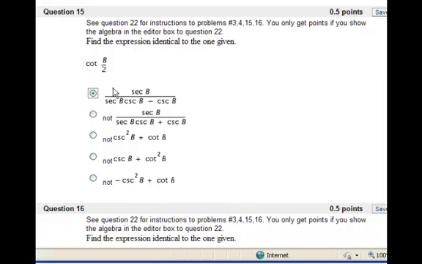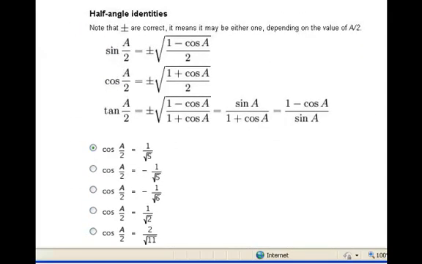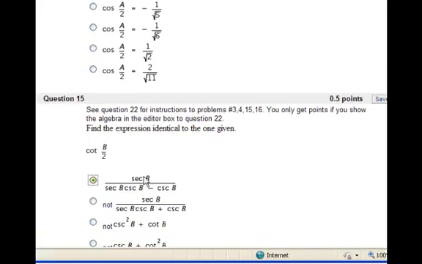You would still have to show that by taking the left hand side and getting rid of the b over 2 with the half angle identities, cotangent b over 2, using the reciprocal of one of these formulas, looking closely at which one you choose, and then manipulating the right hand side to see that the left hand side equals the right hand side.